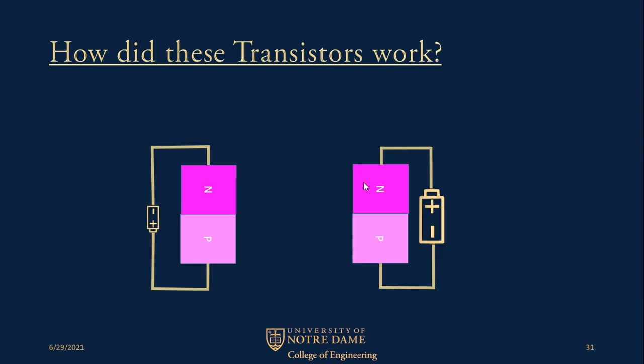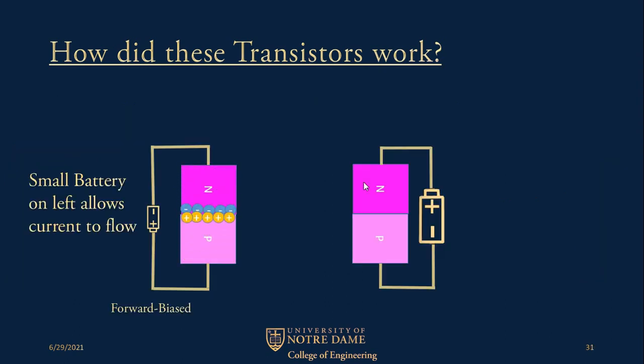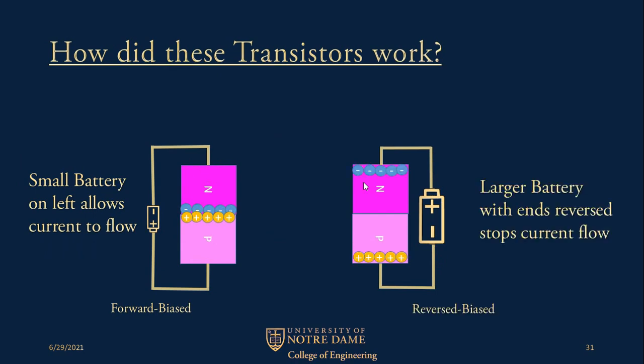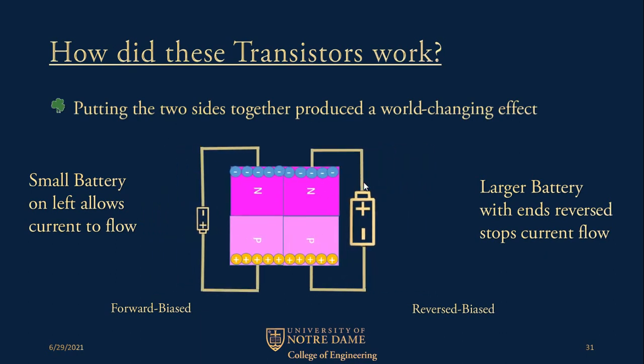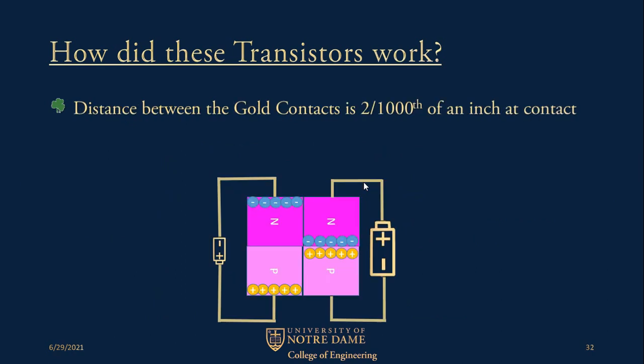So how do these transistors work? When we push those together, you get current flow, and you don't have current flow on the reverse bias diode. And when you get them together, they're so close, but what ends up happening is some of the dopants move from one transistor to the other.